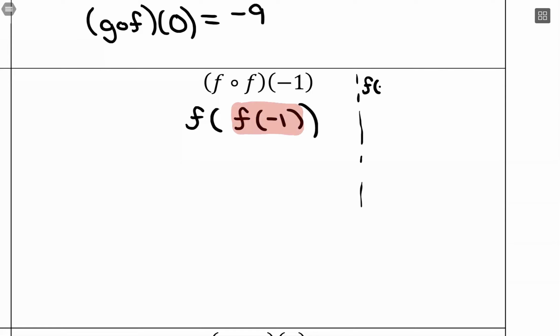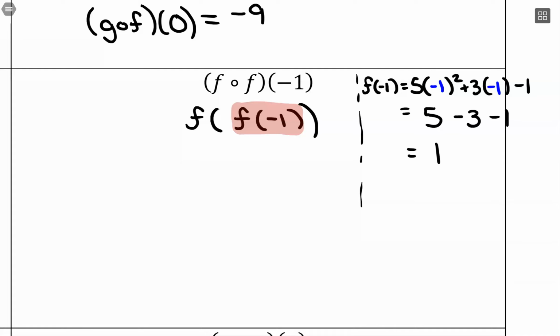So f of negative 1, taking 5 times the input squared plus 3 times the input minus 1. And our input is the value of negative 1. So we have 5 times positive 1, 3 times negative 1, and then a minus 1. So 5 minus 3 is 2, minus 1 is positive 1.